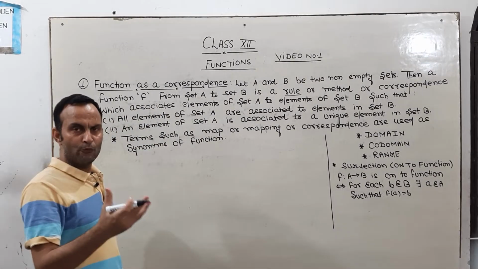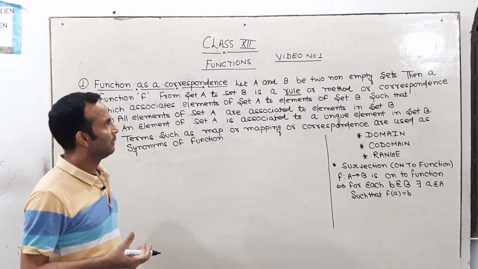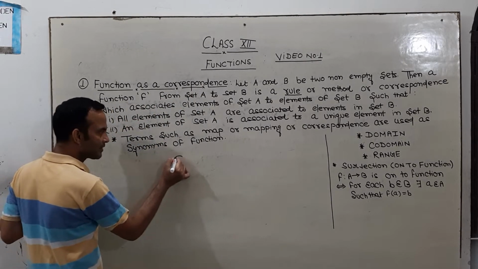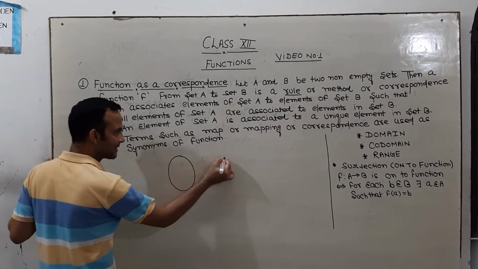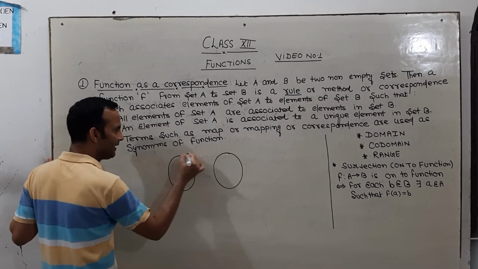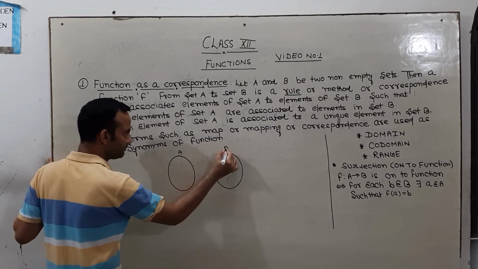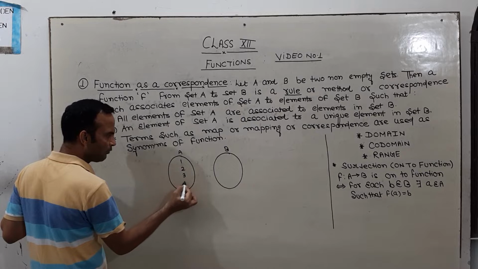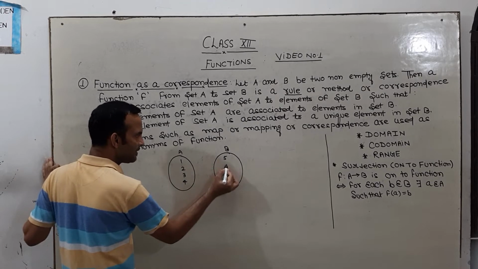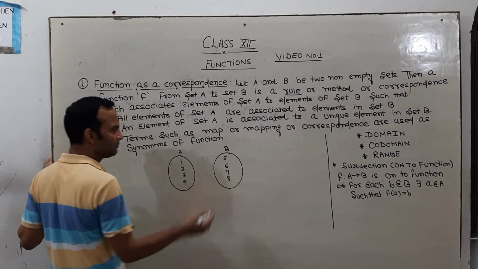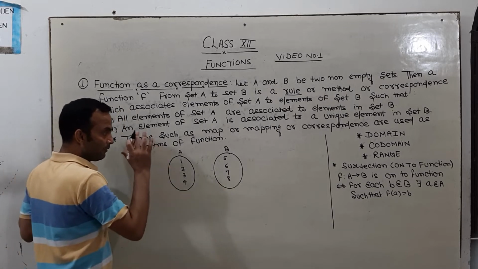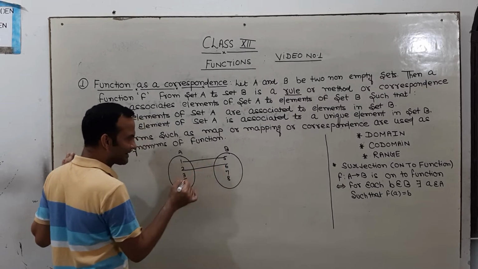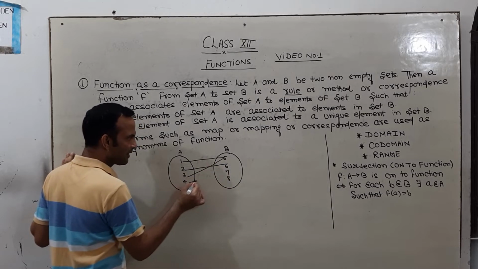Now, I am going to take an example to explain this concept. Let us suppose, my dear students, these are the two sets, the set A and the set B. Let us take here 1, 2, 3, 4, and here 5, 6, 7, 8. 1 is related to 5, 2 is related to 6, 3 is related to 5, 4 is related to 7.